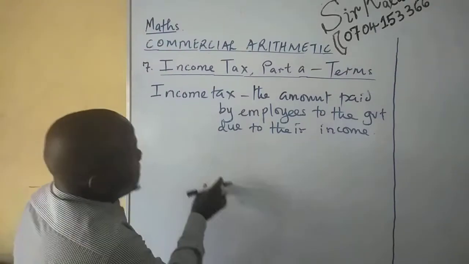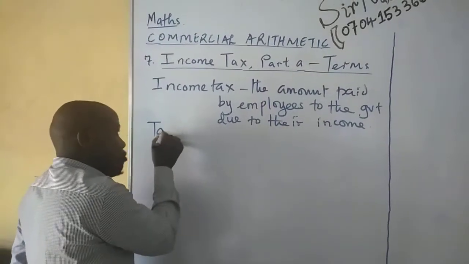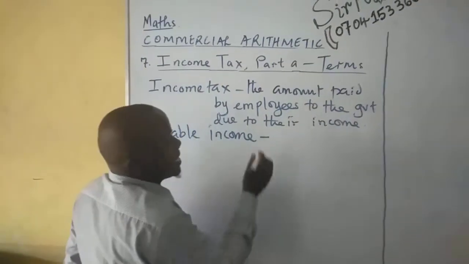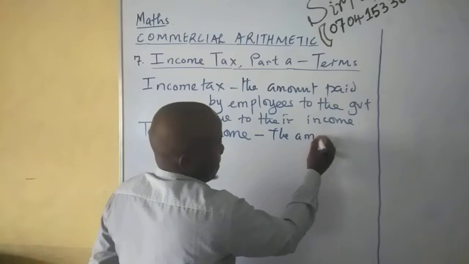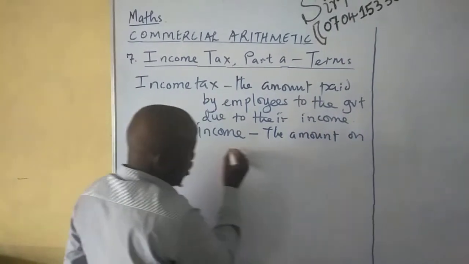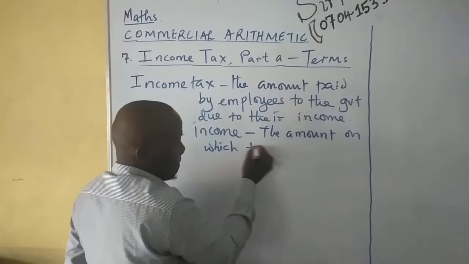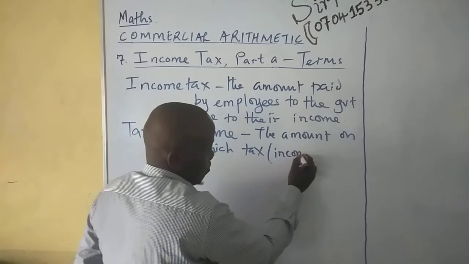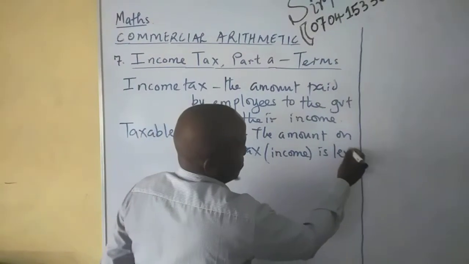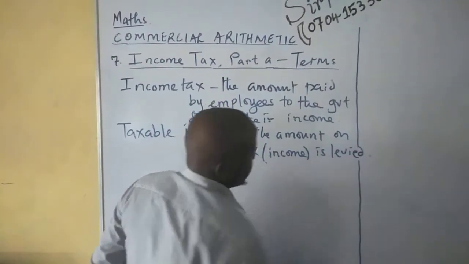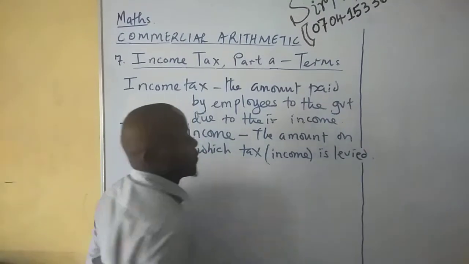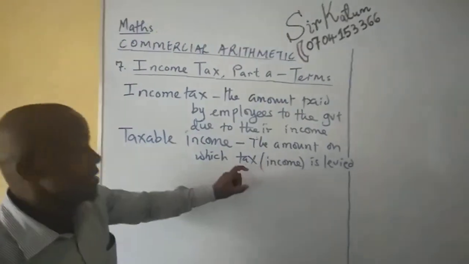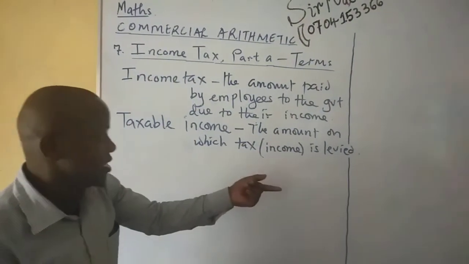Now, the other term under this is called taxable income. This is the amount on which income tax is levied, of course by the government.